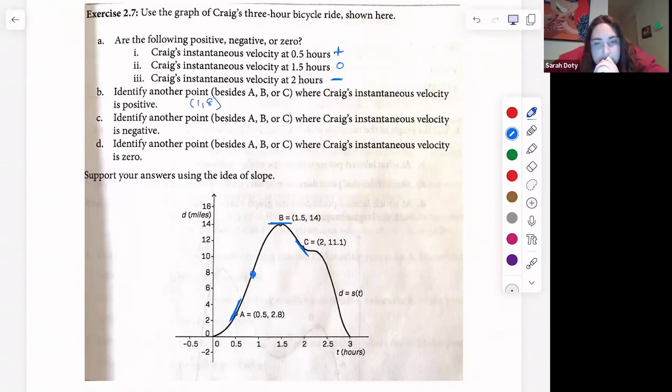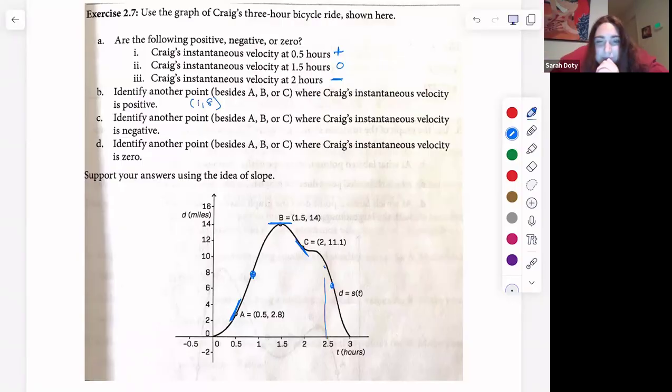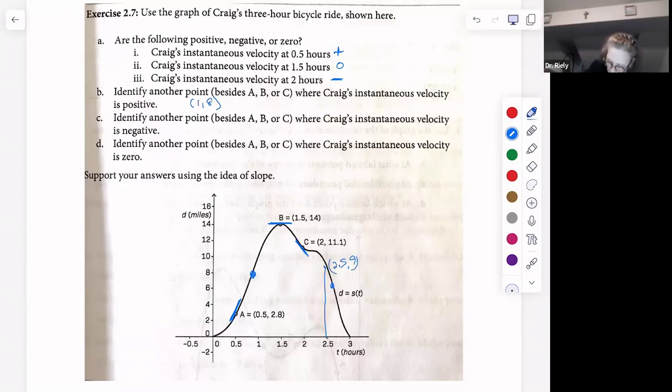Okay, another place where it's negative. 2.5. 2.5 is a winner. So that looks like maybe 2.5, 9 works.